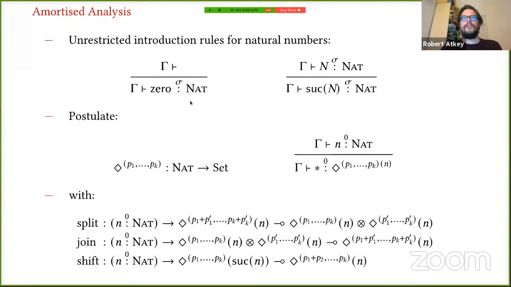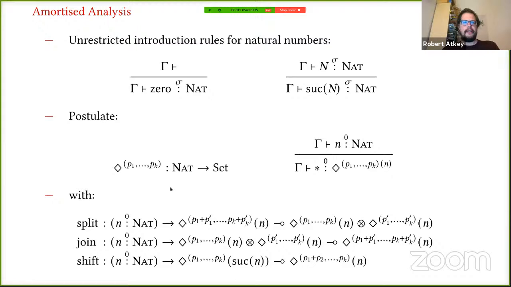So we've got the normal introduction rules for the natural numbers. And now we have a diamond, which is parameterized by this resource annotation as before, which takes a natural number. And in the 0 fragment, we can just use star to introduce these diamonds. So this represents, for any natural number n we give it as input, that big binomial polynomial I said before of that many diamonds for that natural number.